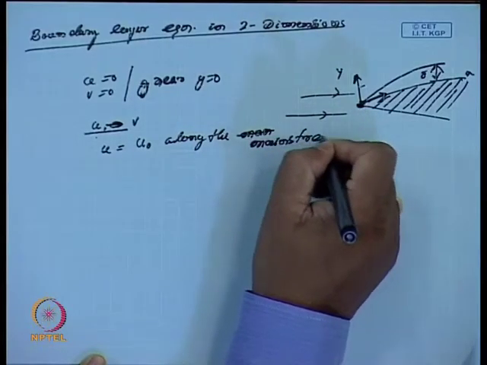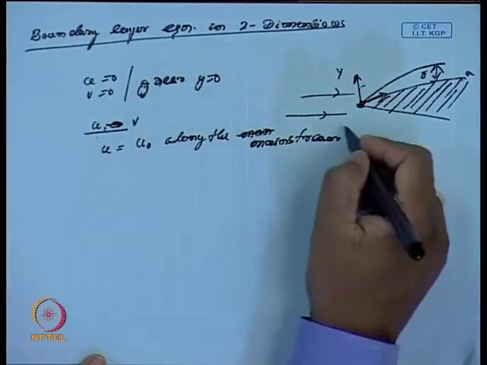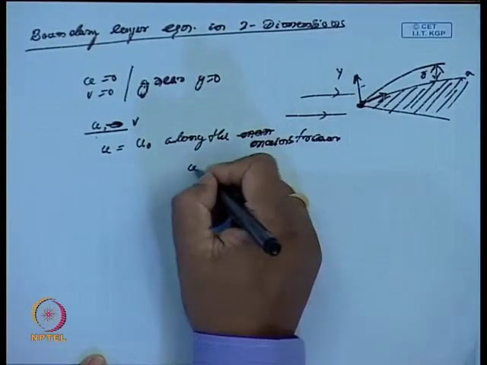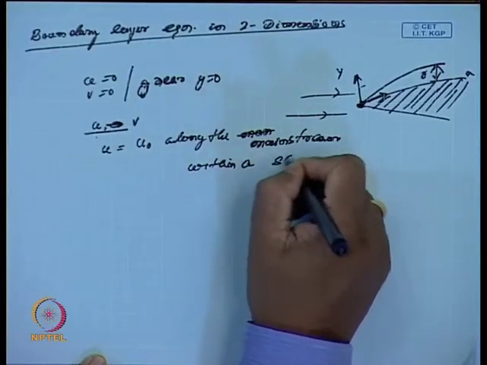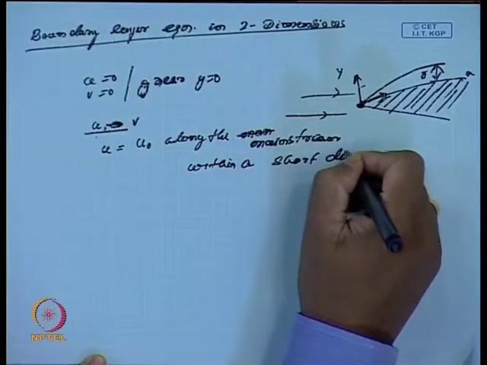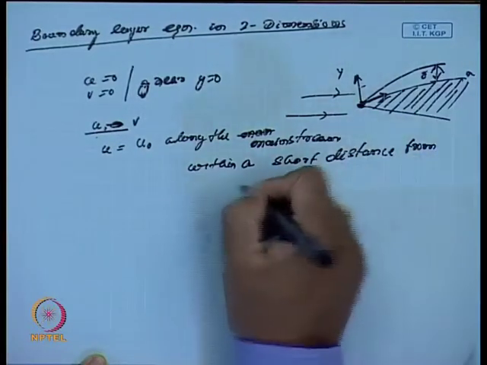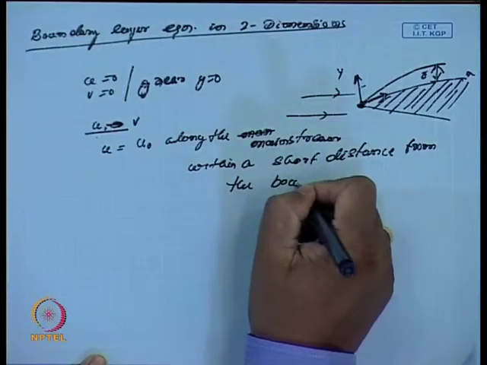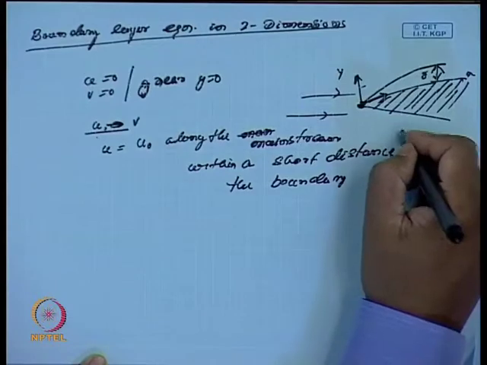When I say along the mainstream, that means within a short distance from the boundary, and that short distance I call delta.